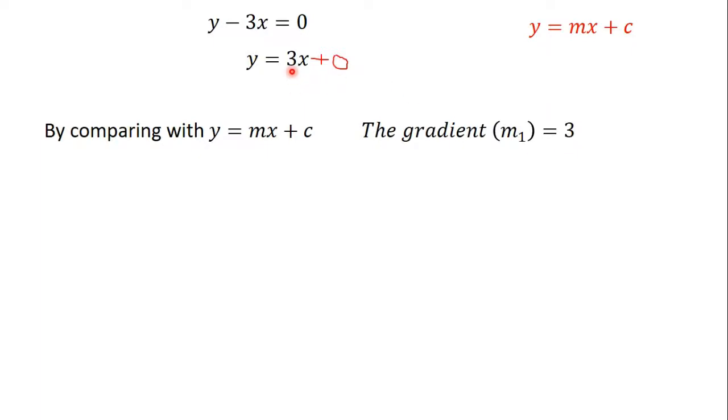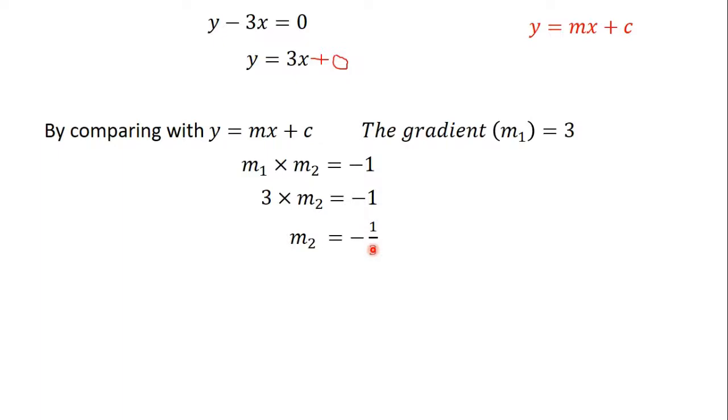So here, m1 is 3. We have seen that m1 times m2 is equal to minus 1. m1 is 3, so you have 3 times m2 is equal to minus 1. You divide both sides by 3, and m2 will give us minus 1 divided by 3.